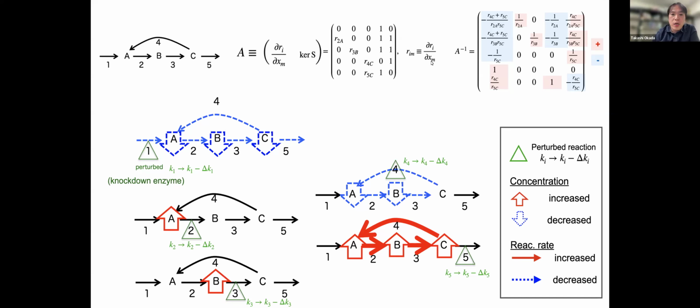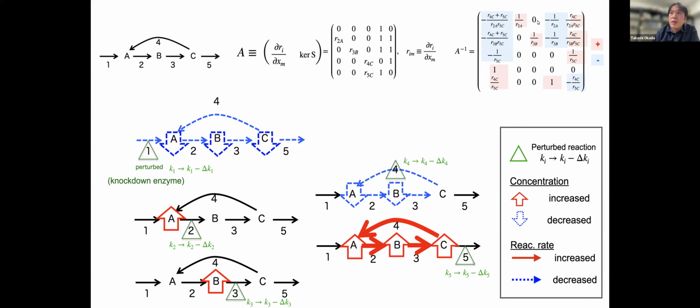And usually, reaction rate functions are increasing functions of concentrations. So usually we can assume that these small r's are positive. So we can determine the signs of the sensitivity as shown here.